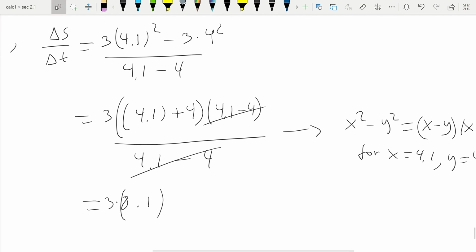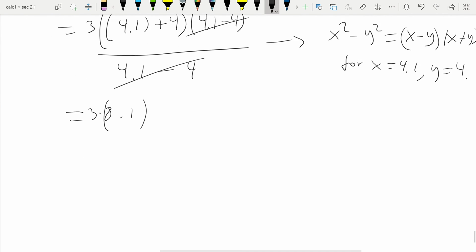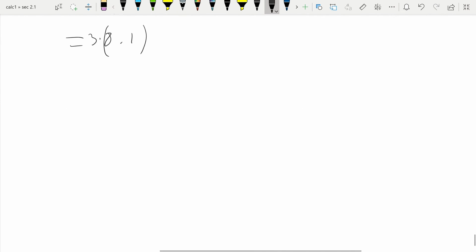So that's how we transformed 4.1 squared minus 4 squared and wrote it as 4.1 plus 4 times 4.1 minus 4. Okay, so now this is the first computation.